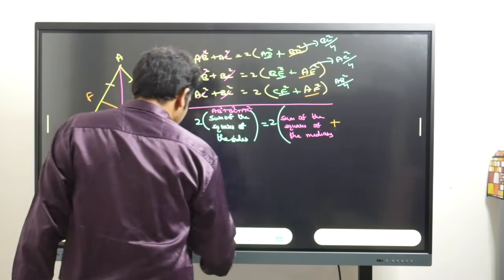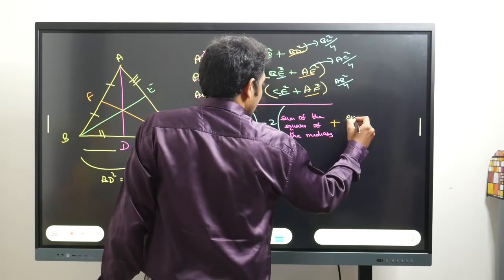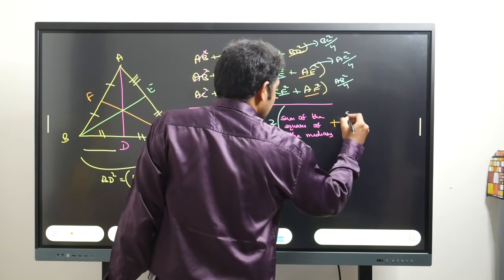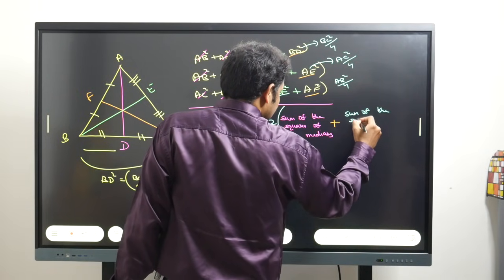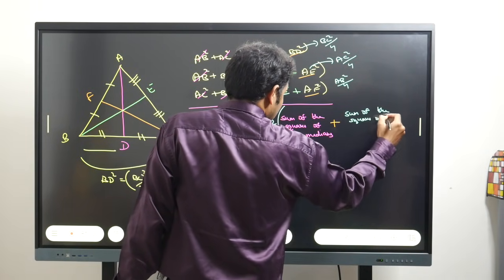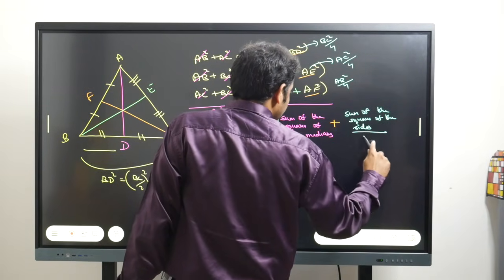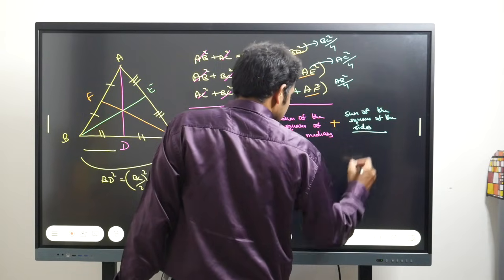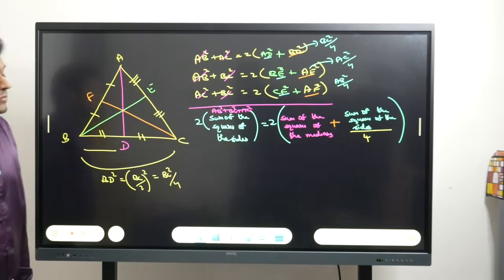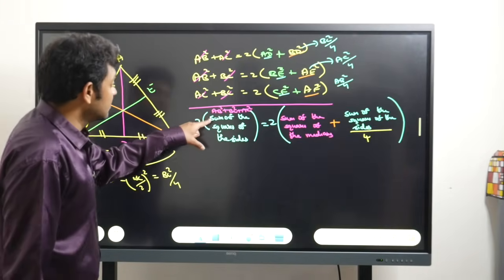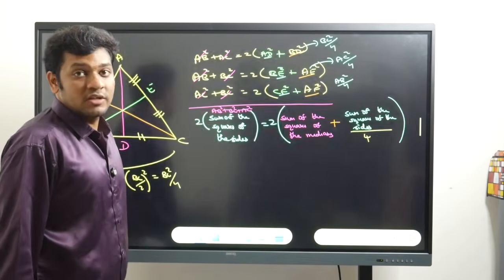So this term is nothing but the sum of the squares of the sides divided by 4. Clear? We're able to imagine this, right? So twice the sum of the squares of the sides is equal to twice the sum of the squares of the medians plus the sum of the squares of the sides divided by 4.